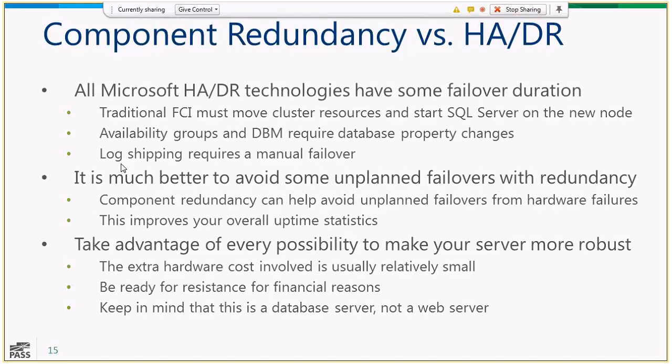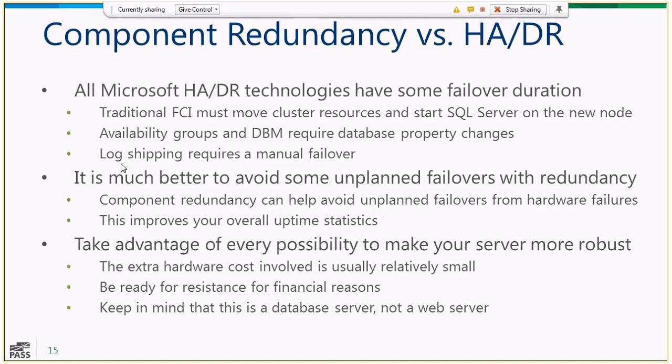And that's where keeping your VLF counts low is really, really important, because if you've got 20 or 30 or 50 databases on an instance and they all have high VLF counts, then it's going to take them a lot longer to go through crash recovery, and it's going to take longer to fail over from one node to another in your cluster.